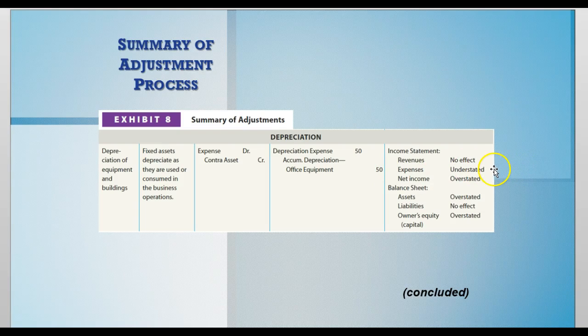And here's your effect again. Expenses obviously would be understated, and net income overstated. Assets would be overstated because remember, this is a contra account that goes against the fixed asset. So fixed asset is a debit, and the accumulated depreciation is a credit account.